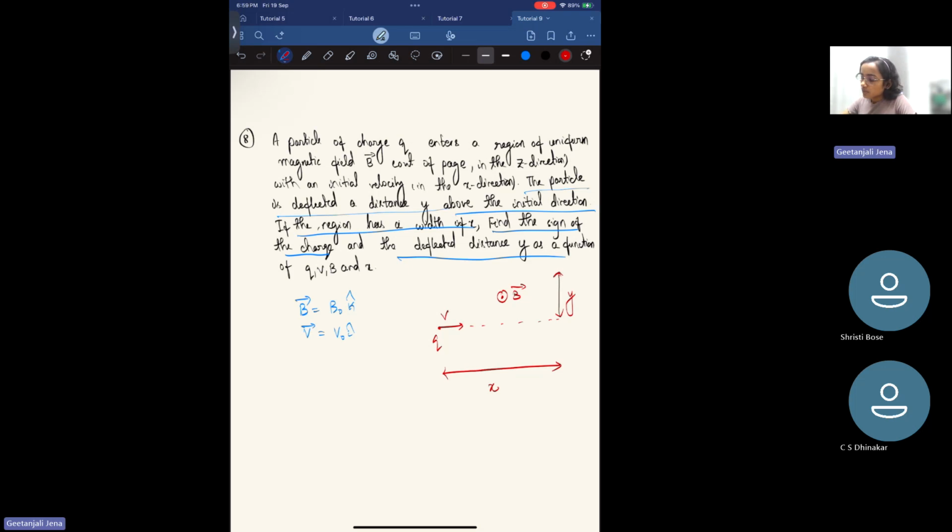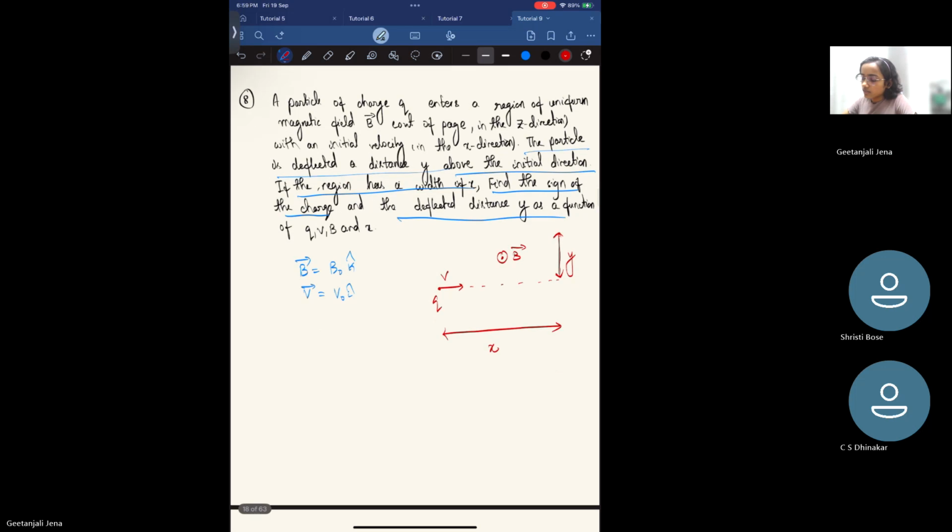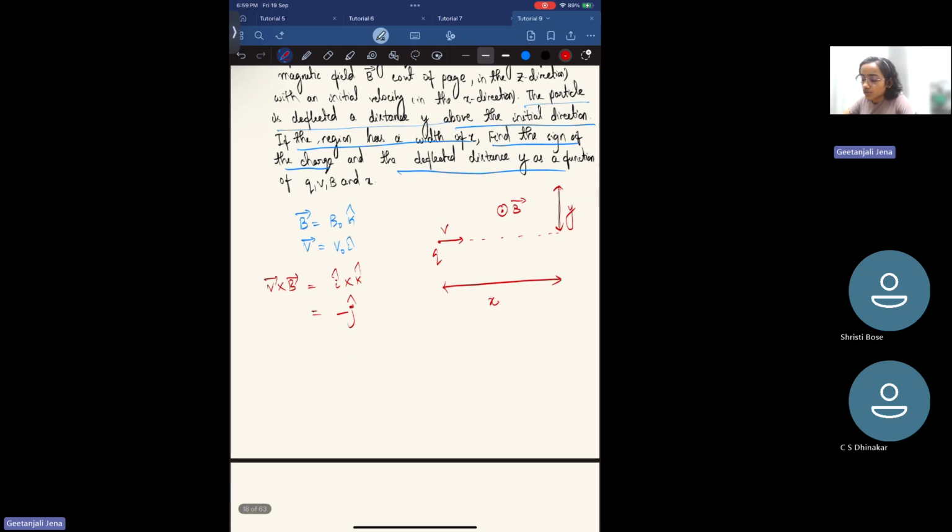So you can say v cross B would be, what would be v cross B? The direction would be i cap cross k cap, which is minus j cap, right? But it is moving along the positive y direction. That means the q should be negative. So it's a negative charge so that it can deflect along the y direction.